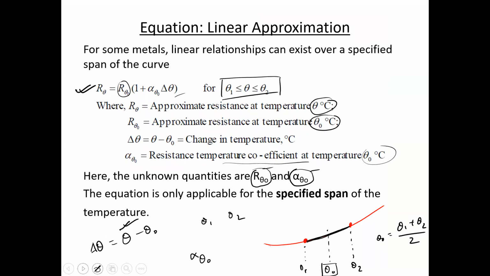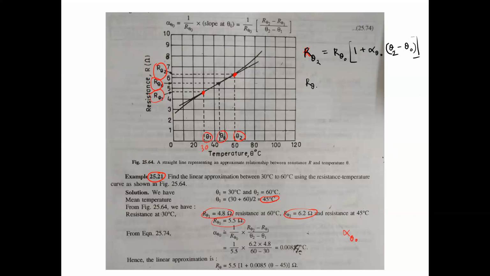Similarly, for R theta 1, we can write R theta 0 into 1 plus alpha theta 0 into theta 1 minus theta 0.